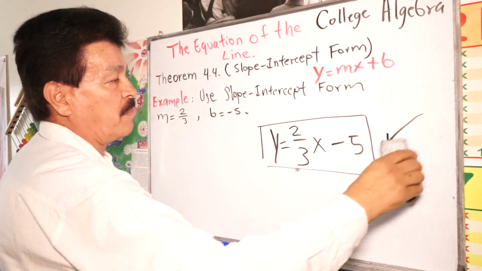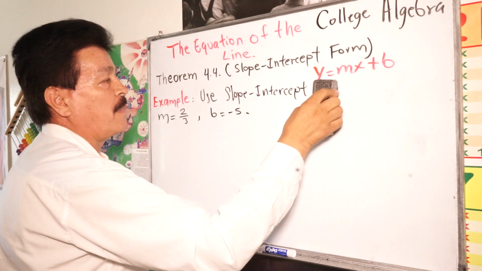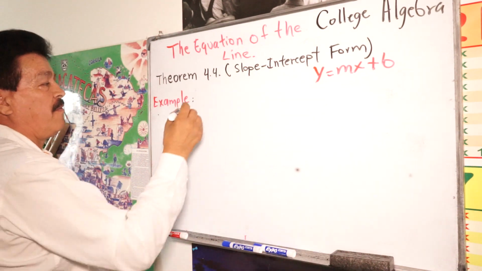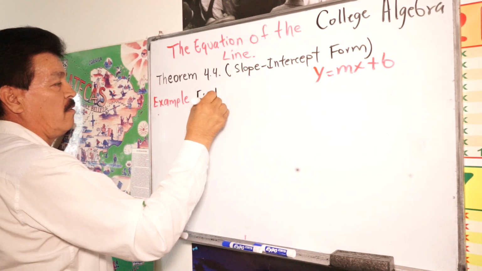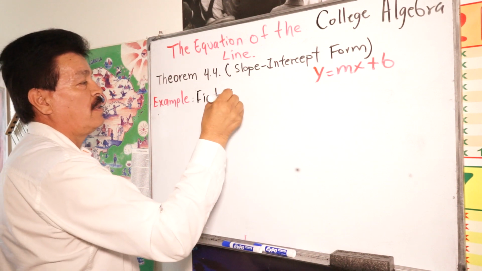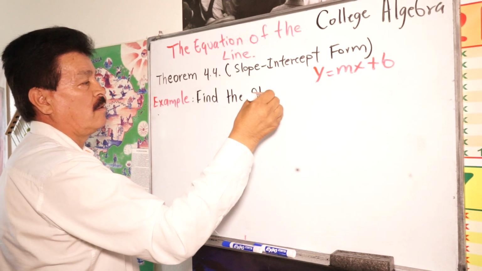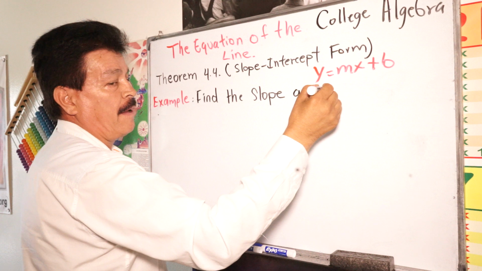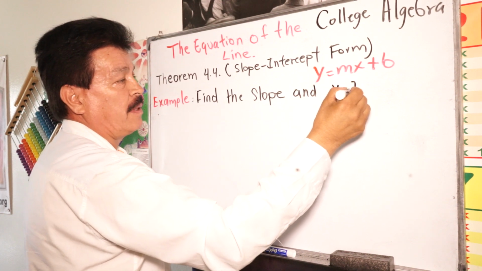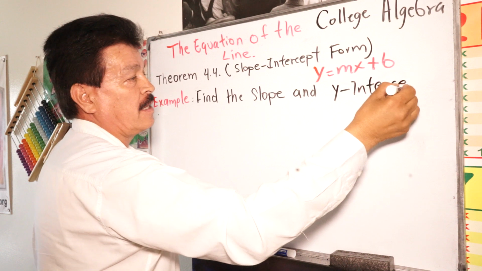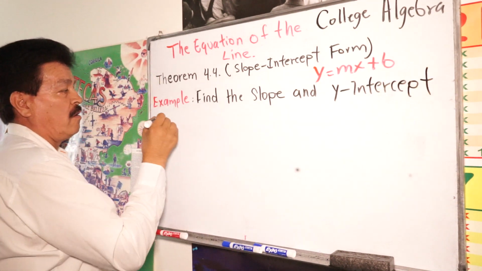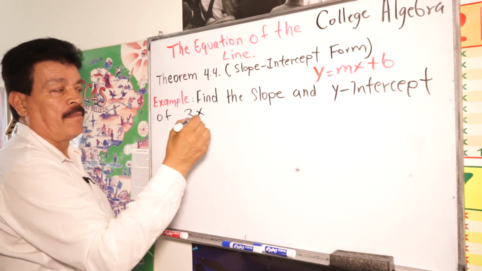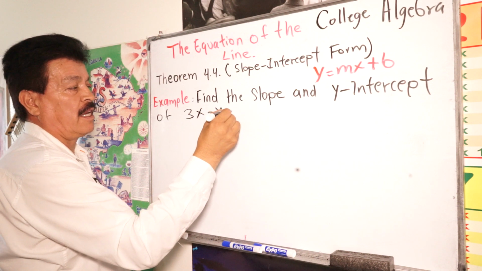Let me write another problem. Let's write a different problem here. Find the slope and the y-intercept of 3x minus y equals 2.